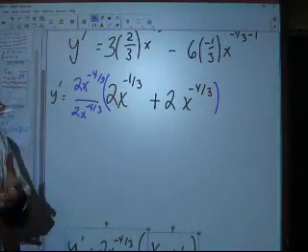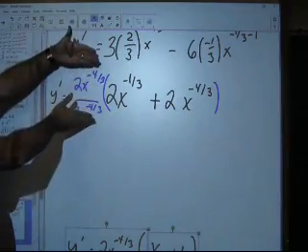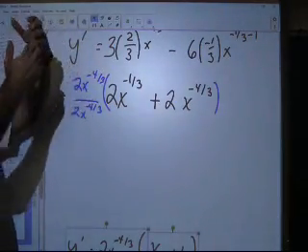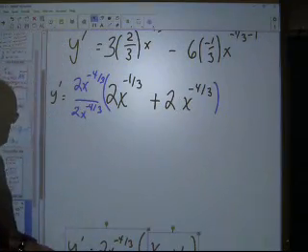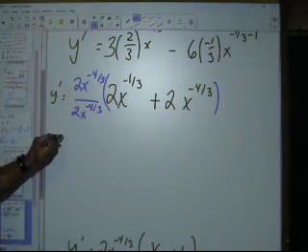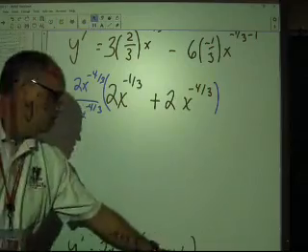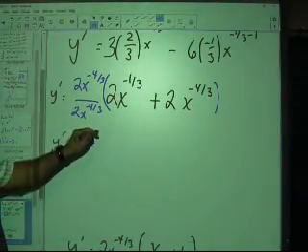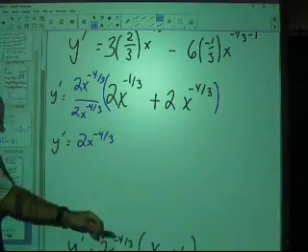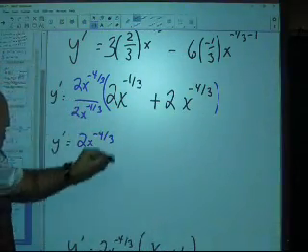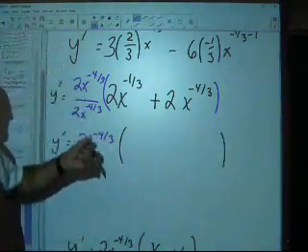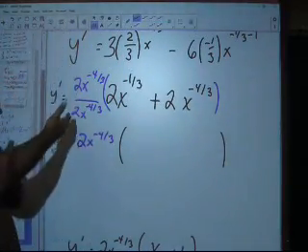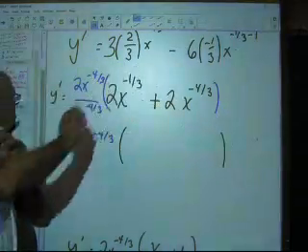As algebra students, we know that the fraction bar is like a grouping symbol, so I can choose to group or regroup across that fraction bar. This 2x to the negative 4/3, the numerator value, stays right there in front of the problem. But the denominator value, I'm going to distribute as 1 over this denominator to each term in the problem.